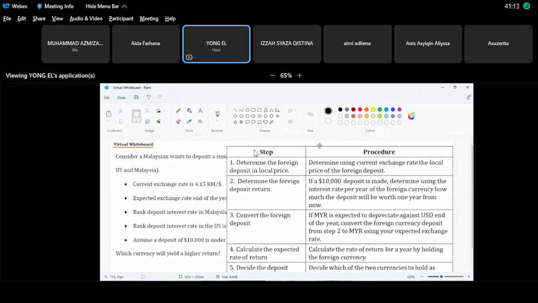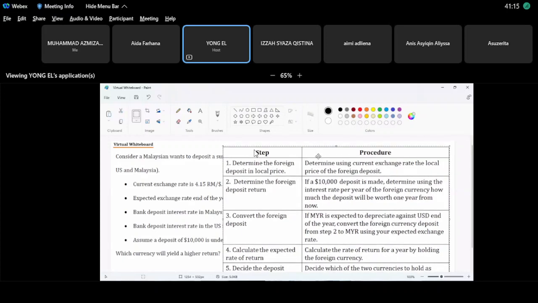Number 2 determines the foreign deposit return. This means once you have the amount of foreign currency that you want to deposit in a foreign bank account, you need to understand how much interest the foreign account offers you, because the interest rate is your return.